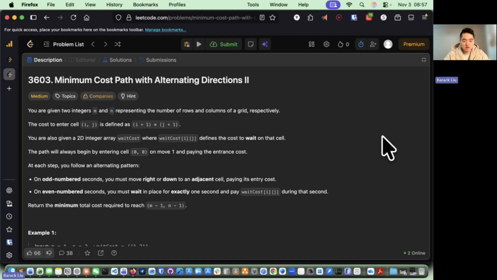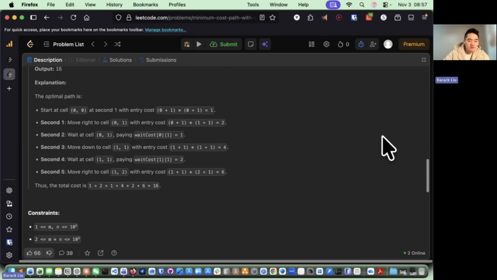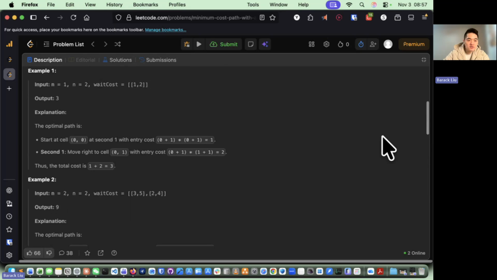Return the minimum total cost required to reach (m - 1, n - 1). Okay, so here are 3 examples. Let's see how it works.